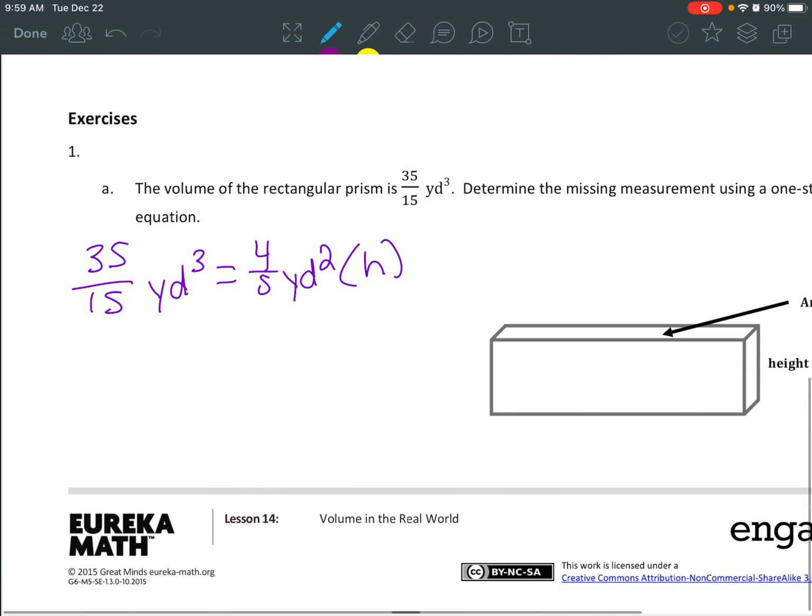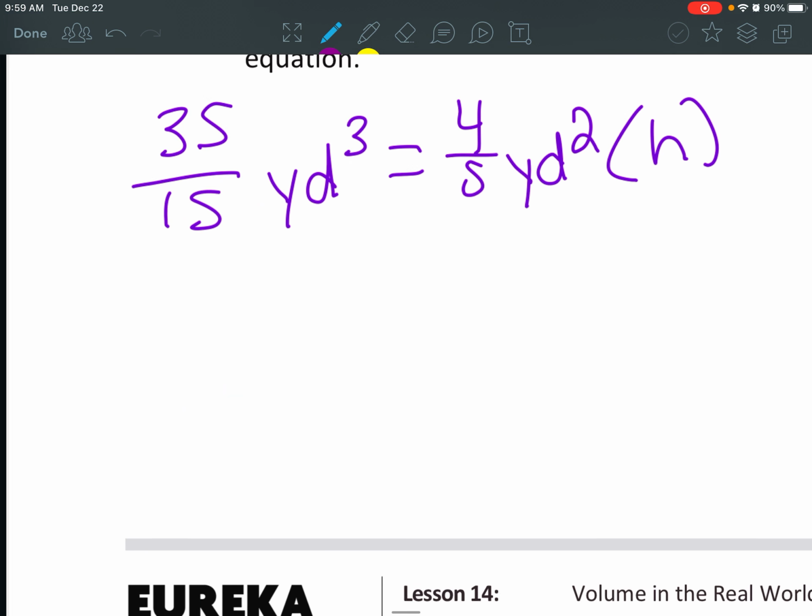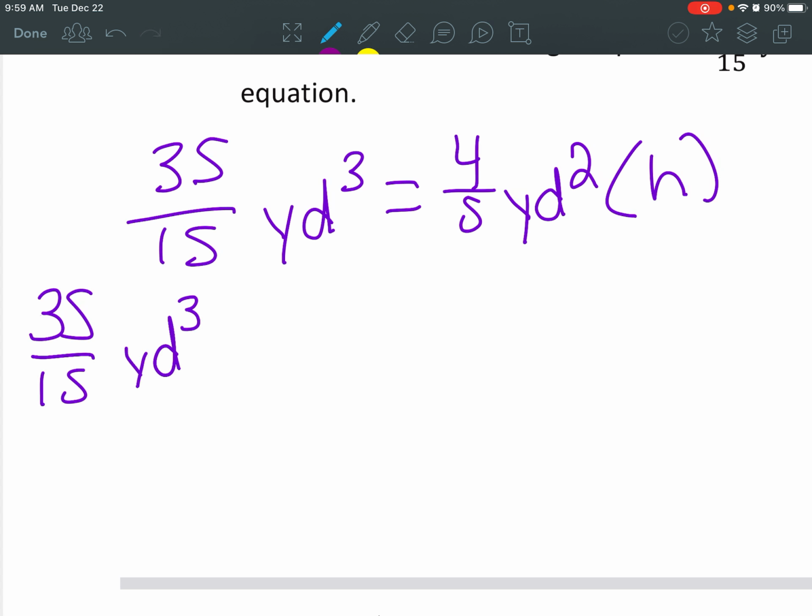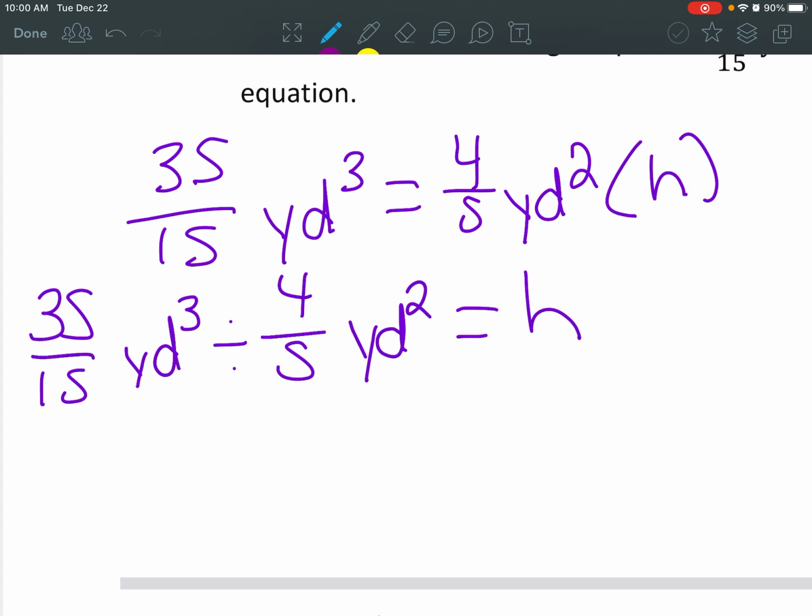So that'd be 35 over 15 yards cubed divided by 4/5 yards squared equals the height. 35 over 15 times 5/4.